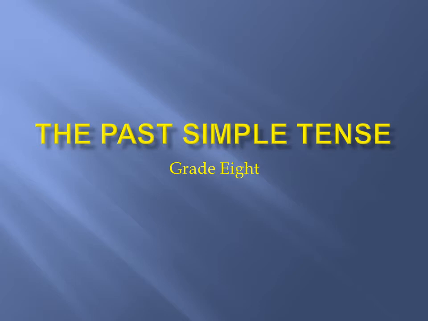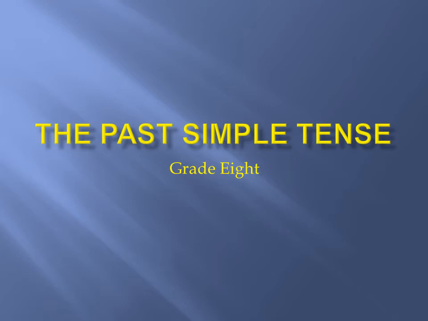It is completely finished. The visit itself already finished at that time, and now I am in another place. So it has no relation with now. This is the first one.